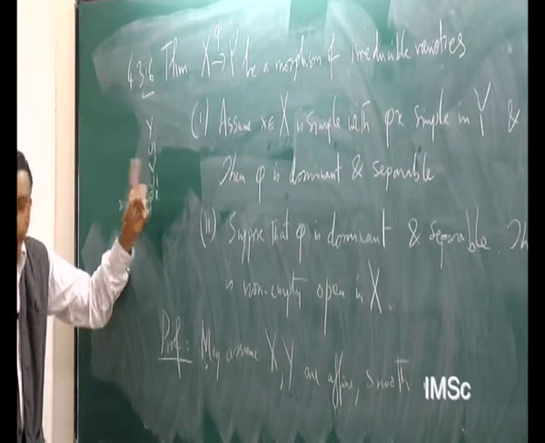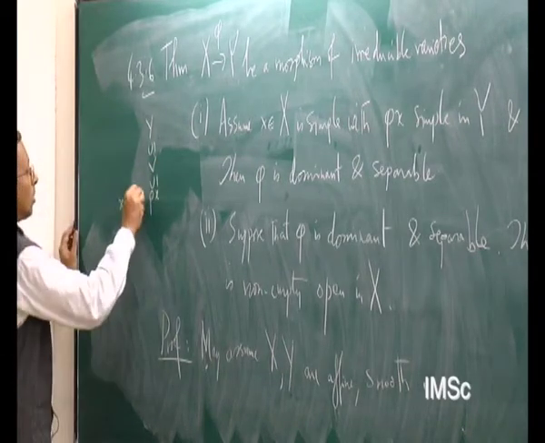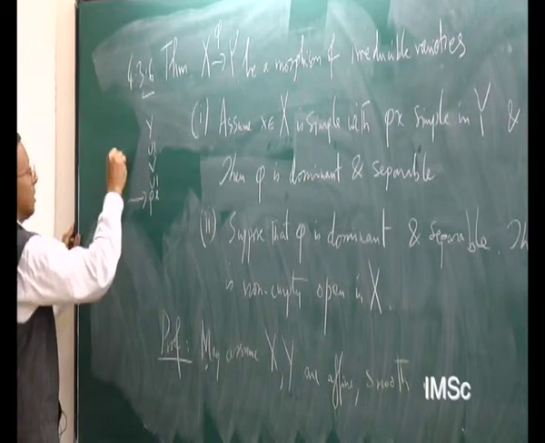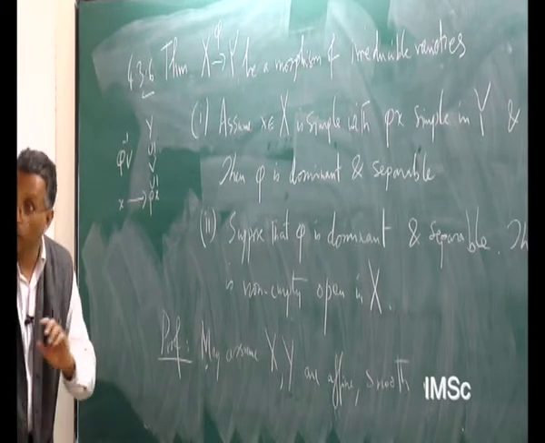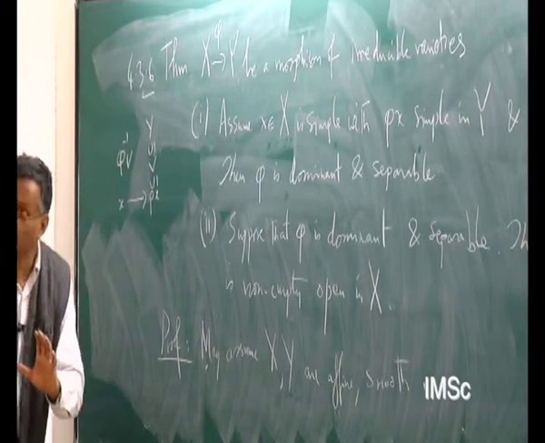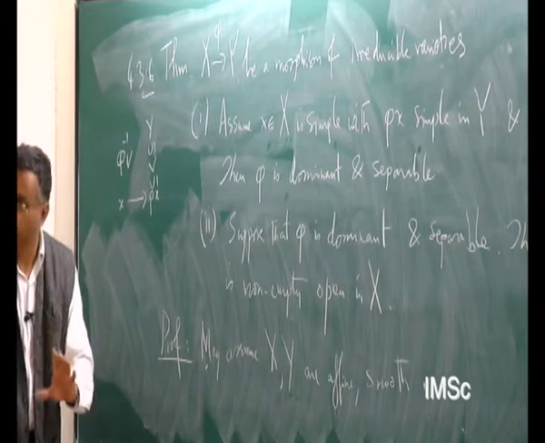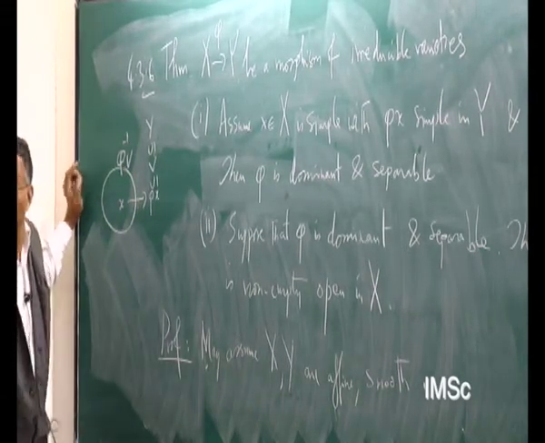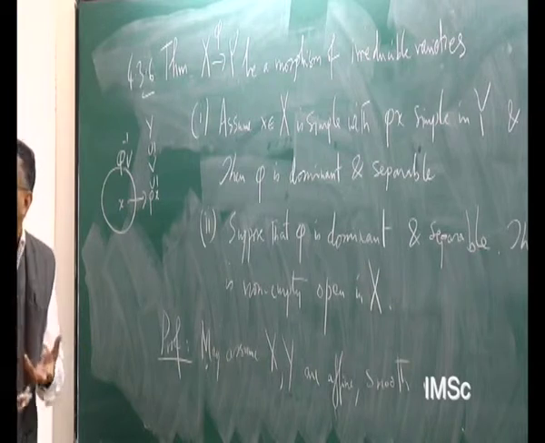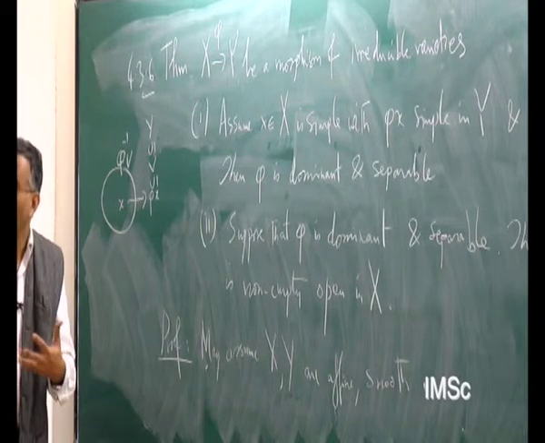Now the inverse image of V is an open set containing x.